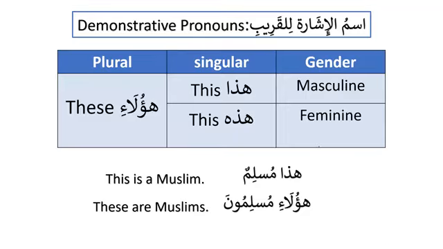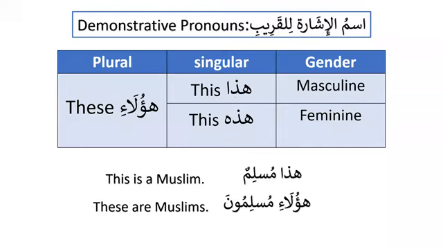Now we can see over here that our chart or our table for ismul ishara lil qarib is complete now, for the singular and for the plural. However, we need to remember that the dual is not included, and inshallah dual will be in the coming lessons.